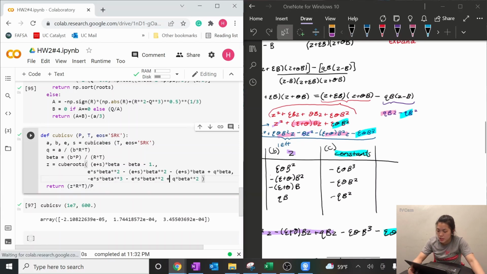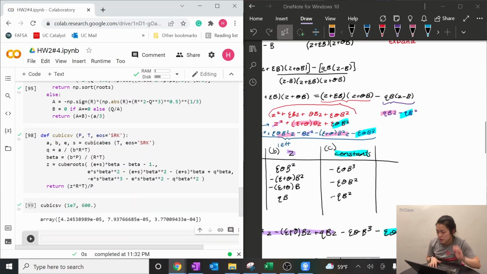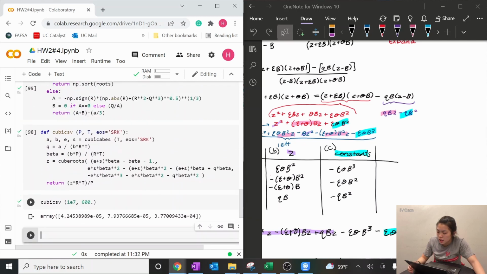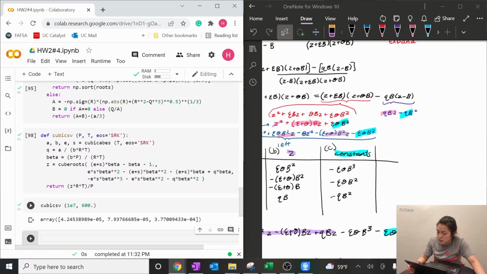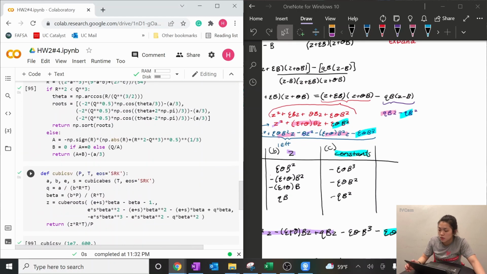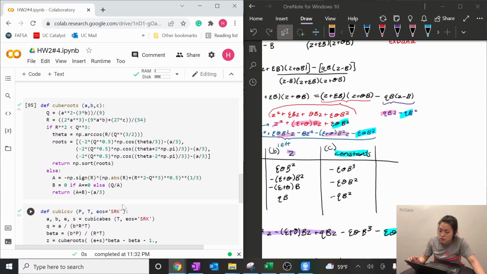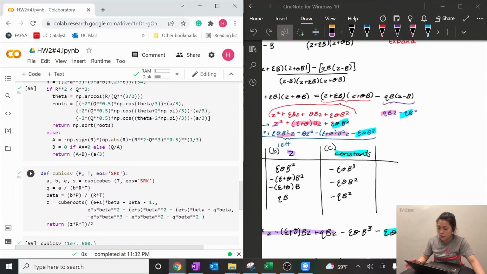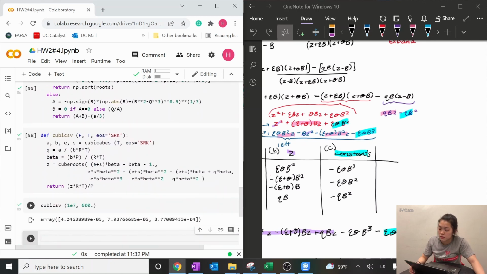And so if I change that in my function, and I do minus, and I shift enter, that gives me the correct positive values for the cubic equation of state. So these are the correct specific volume values. And so that script here is how we use Cardano's formula to solve for the specific volume if we are given a pressure and a temperature.